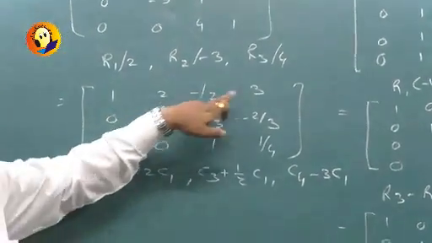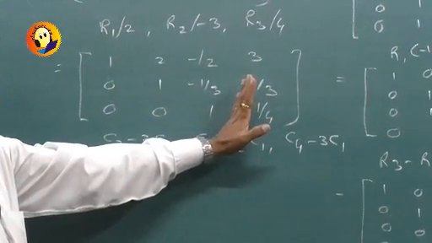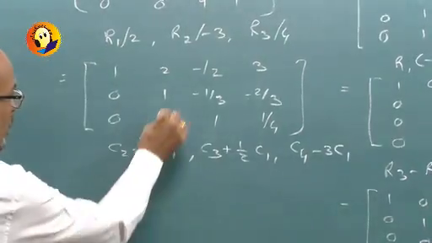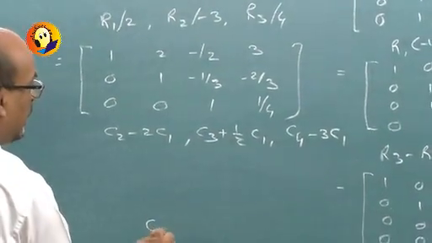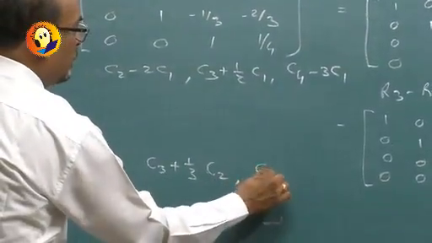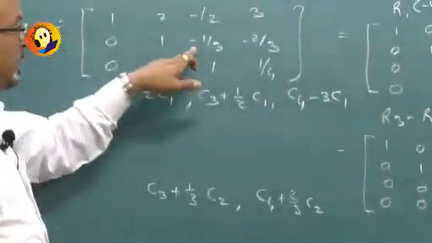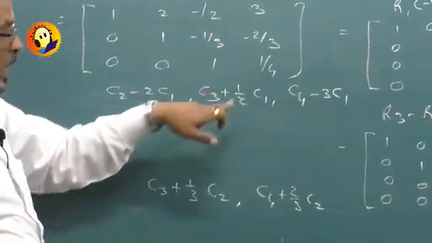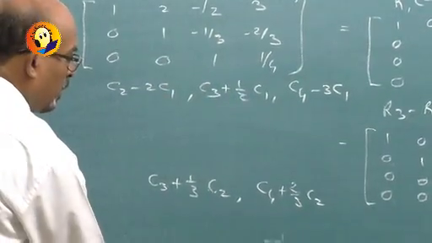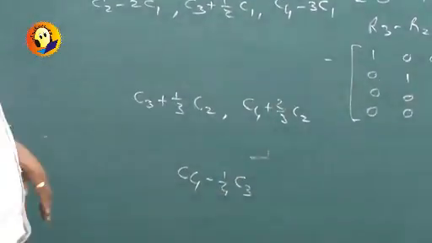This is 0, this is 0, this is 0. It won't affect any of the lower elements, right? Next step, I will do C3 plus 1/3 C2 and C4 plus 2/3 C2. It will make these two zeros. And in the last step, I will perform C4 minus 1 by 4 times C3, and that will be 0.